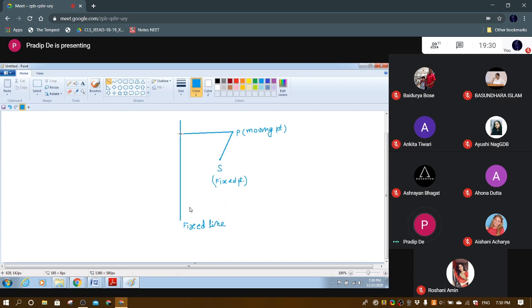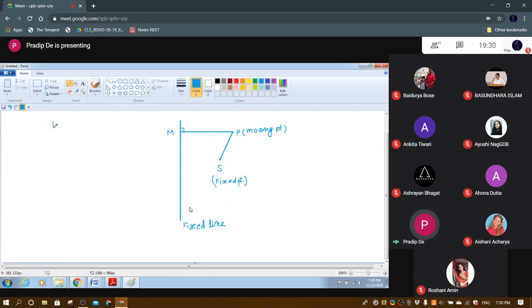I give it a name. Suppose the foot of the perpendicular is, say, M. This is the perpendicular. So wherever P goes, the two distances, distance from the fixed point, that is PS, and the perpendicular distance from the fixed straight line, PM, these two bear a constant ratio.